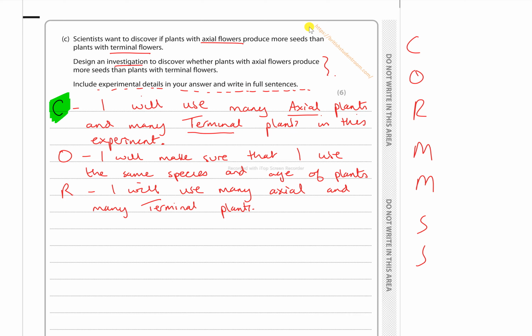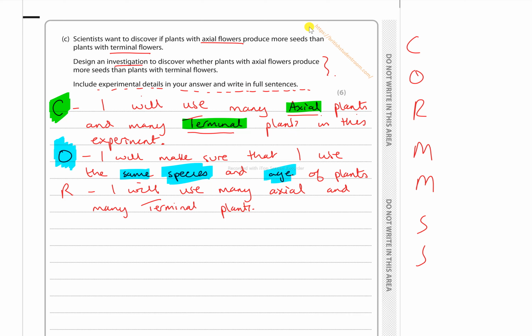So can you see what we've done so far? The organism that you're going to keep an eye on, the independent variable: I will use many axial and terminal plants. What you're going to do with that independent variable, you're going to make sure it's fair, you've got to use the same species. It's no good having two different species because that could affect it, and age.